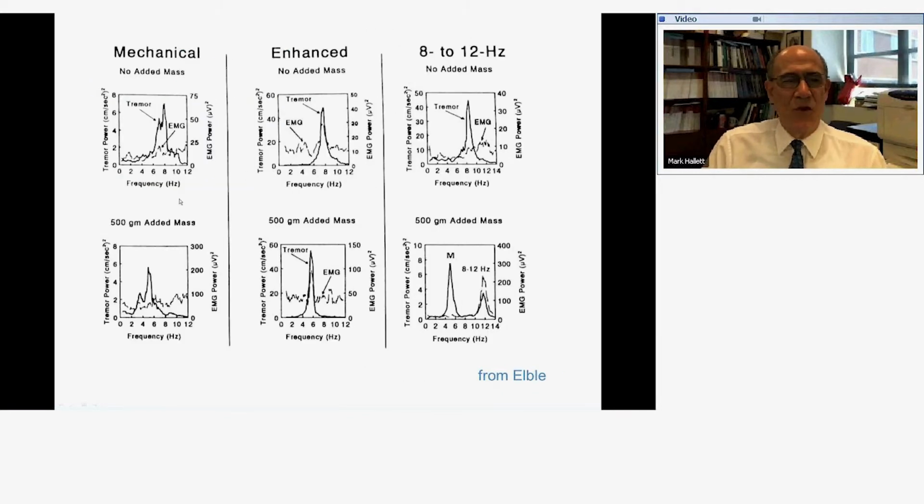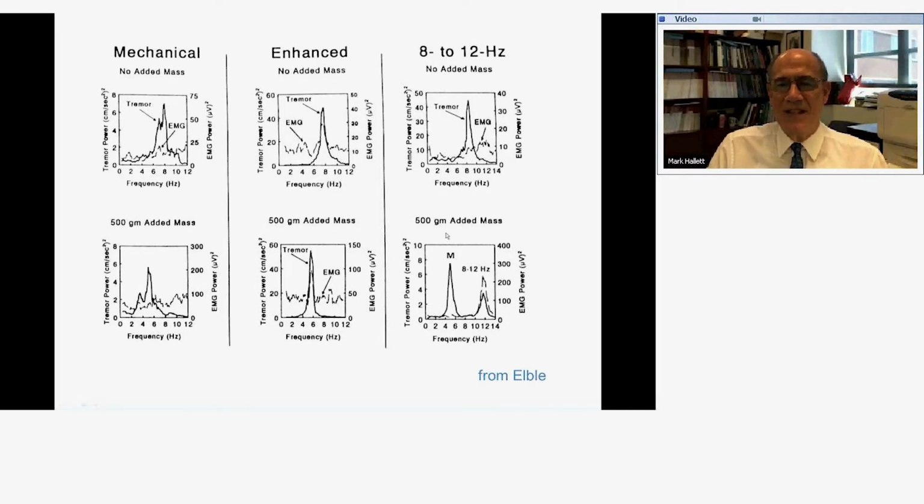Now, it turns out that all three of these can be seen in normal individuals. This is a purely mechanical oscillation, which would be physiological tremor, which you would see in everybody all the time. This is enhanced physiological tremor, which is a mechanical reflex situation where the oscillation is increased because of the involvement of the peripheral loop.